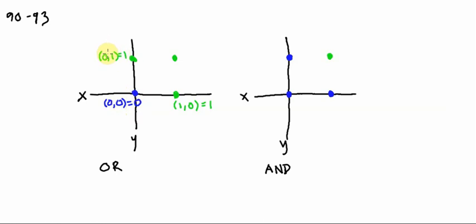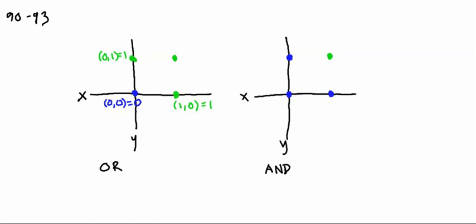But how about the statement Anne or Betty is home when Anne is not home but Betty is home? Well, then it's true, because one of them is home. And down here we have Anne is home, Betty is not home, but the statement Anne or Betty is home is true, which I'm representing in this case with green.